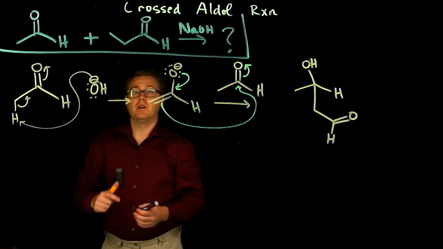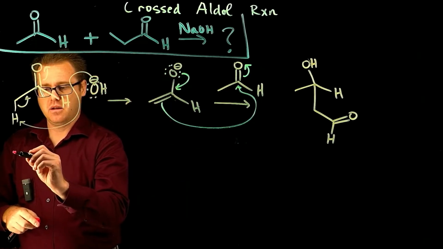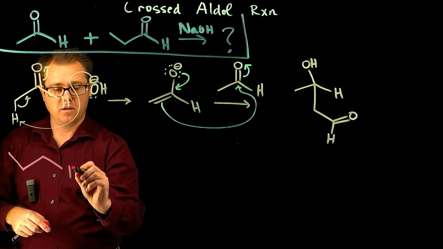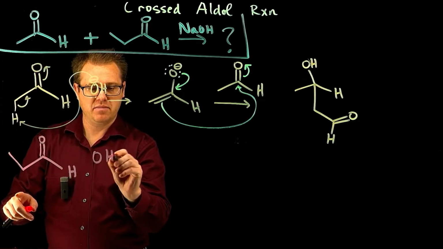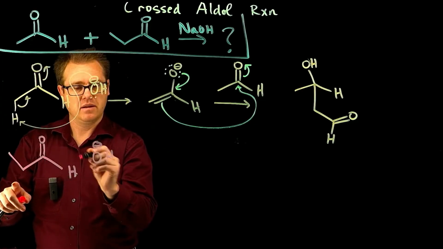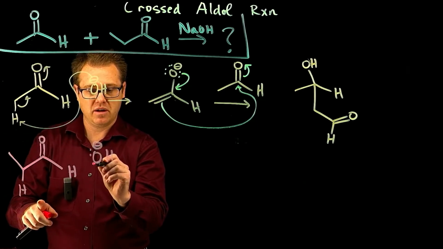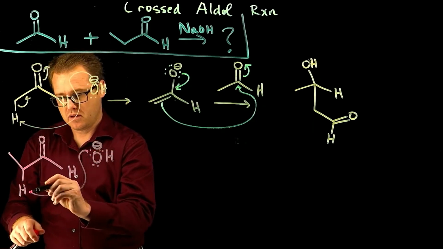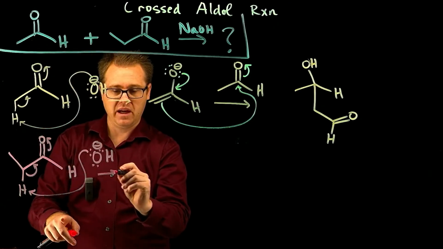But you could also see another possibility. What if you took this aldehyde, like so? We would treat it with some base. It would abstract the alpha proton to form the enolate.